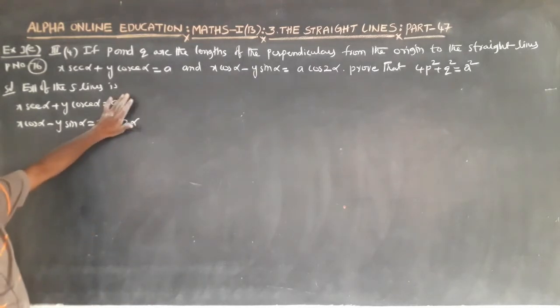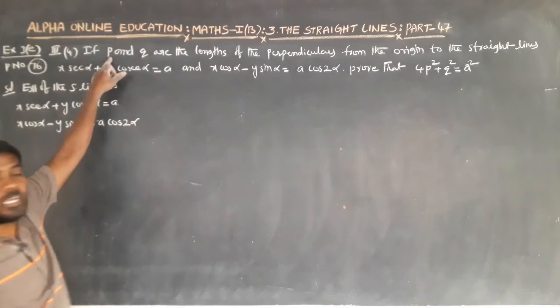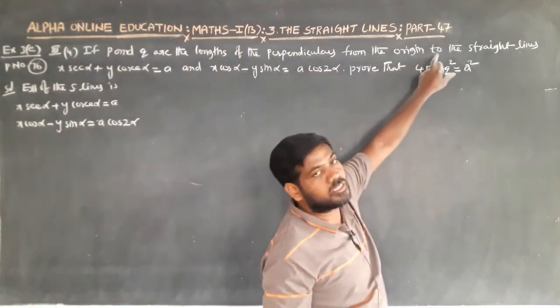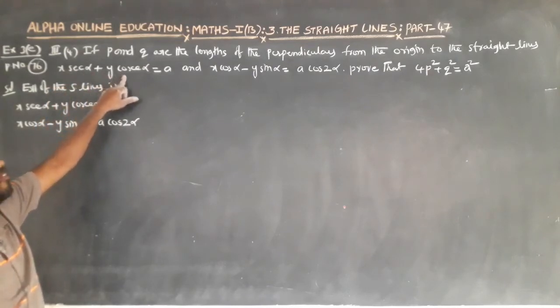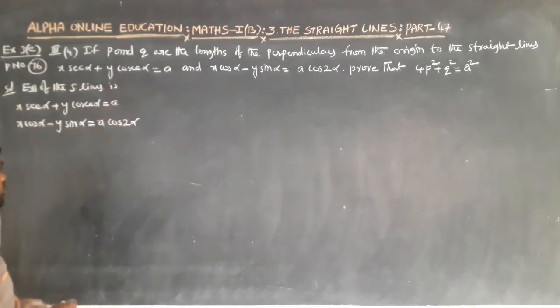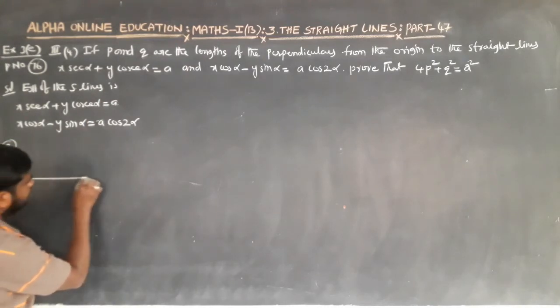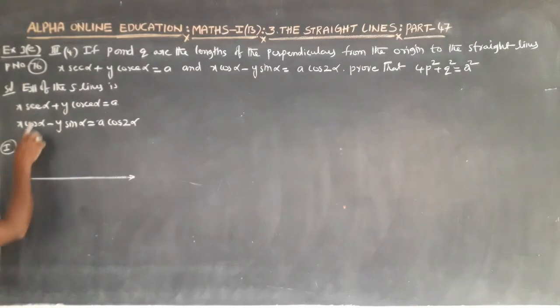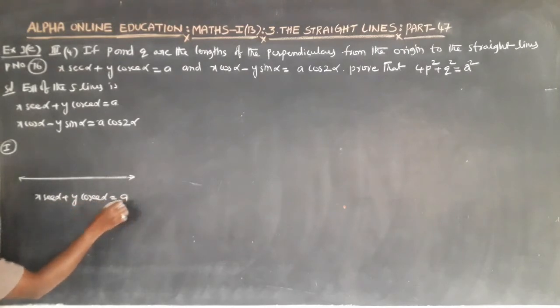Observe here, p is the perpendicular distance from the origin to the line x secant alpha + y cosecant alpha = a.